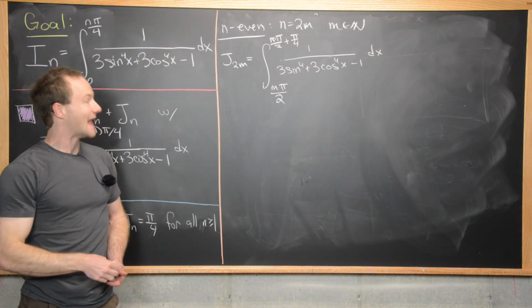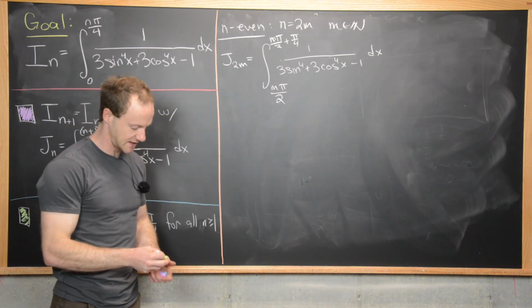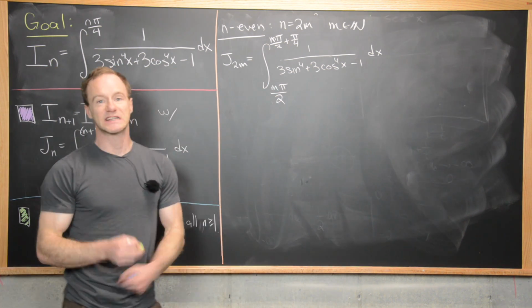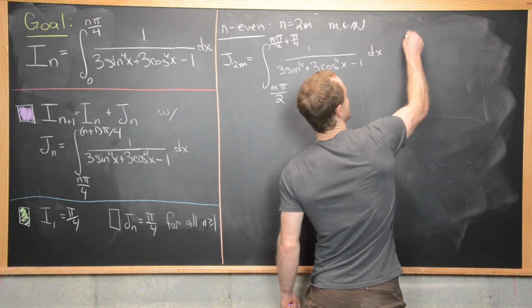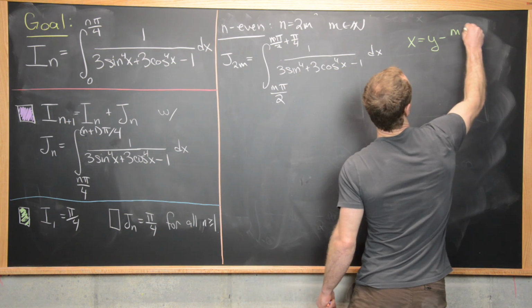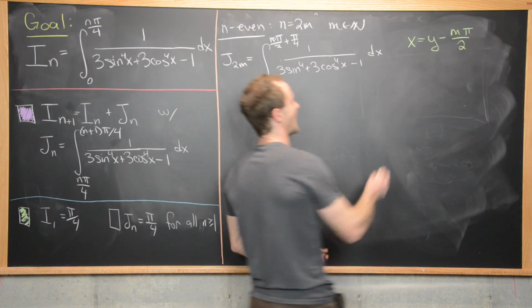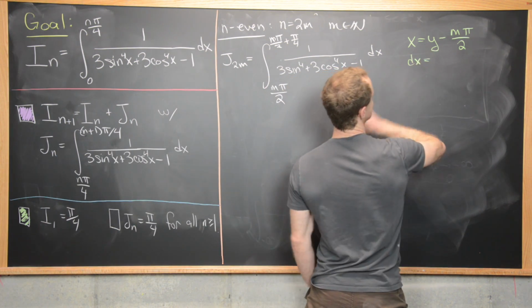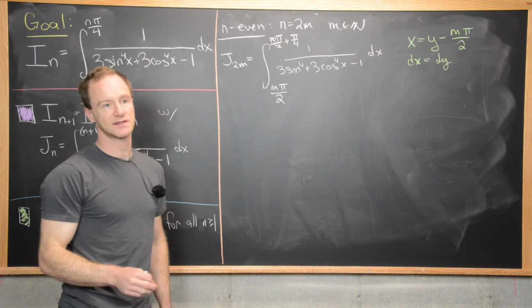Okay. Now what we want to do is notice that we've got some periodicity within this integral, and we can exploit that by making a substitution. And the substitution that we will make is x equals y minus m times pi over 2. But that's going to give us the fact that dx is exactly equal to dy because we're just shifting it by a constant.